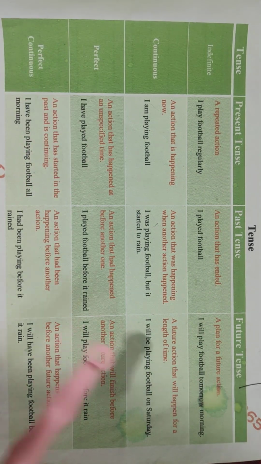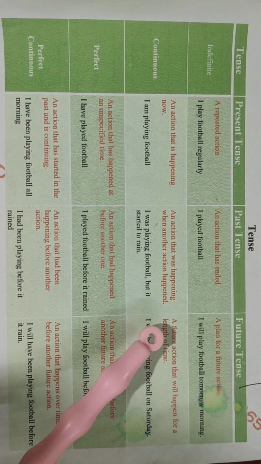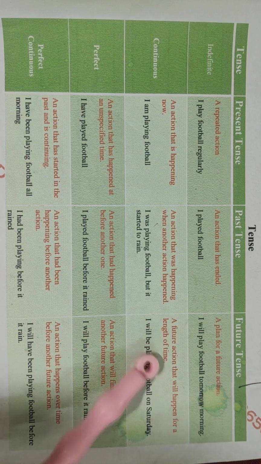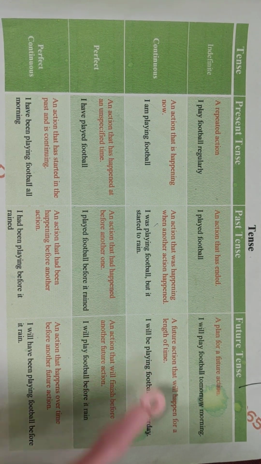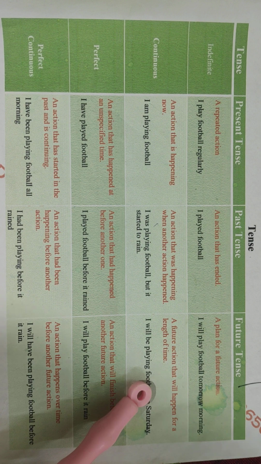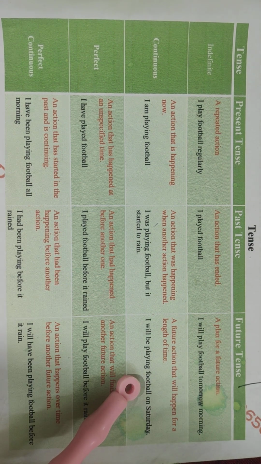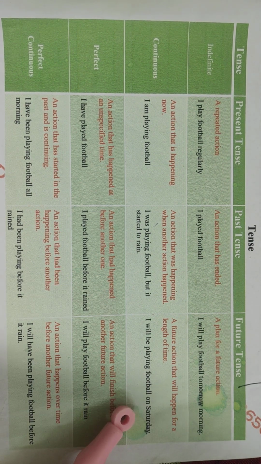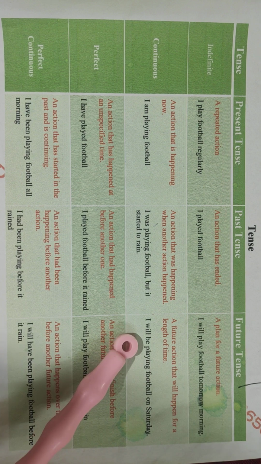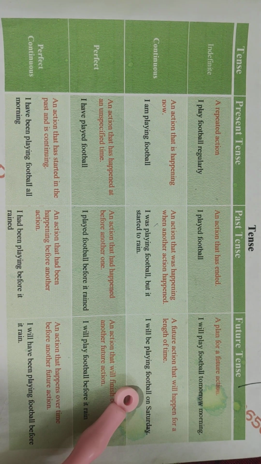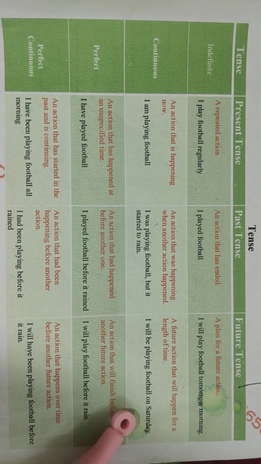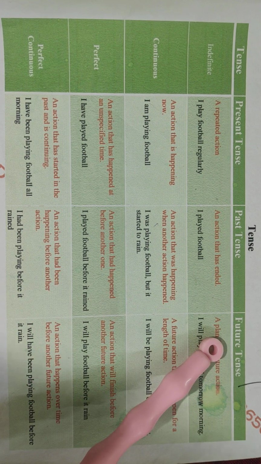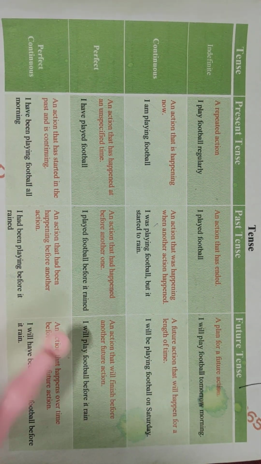Future continuous. This says that a future action will happen for a length of time. So in the future this is going to happen for a certain period of time. Example, I will be playing football on Saturday. Similarly, future perfect.